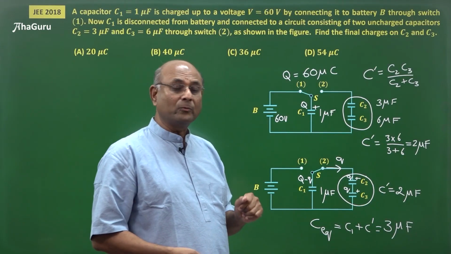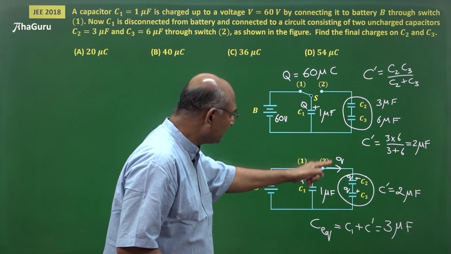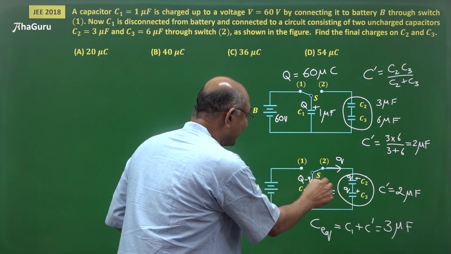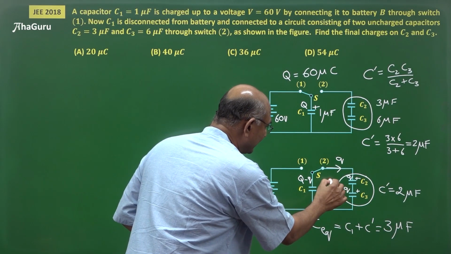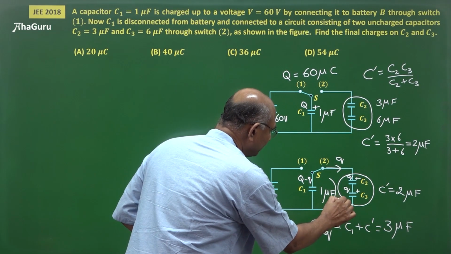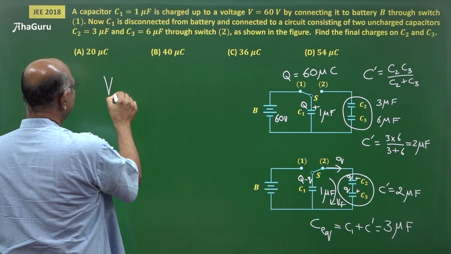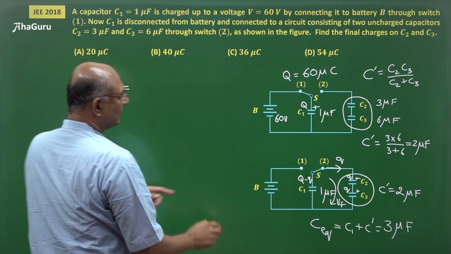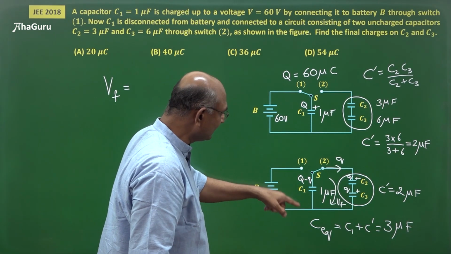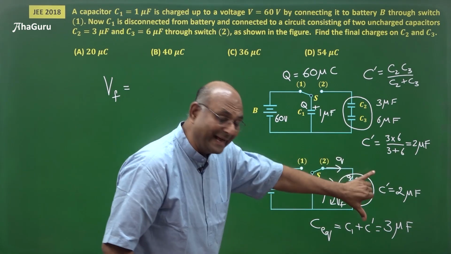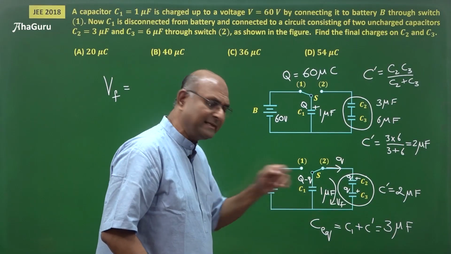Okay, so what will be the potential drop across this? So V final, what will be V final? That is easy. You can either say Q minus q by C1, or small q by C dash, or you don't need to because you have C equivalent.